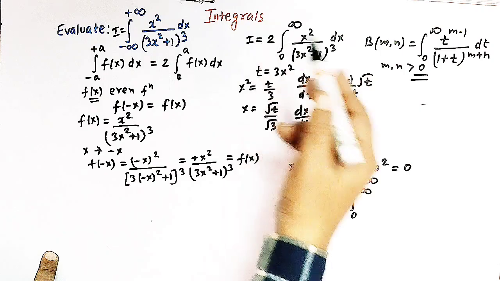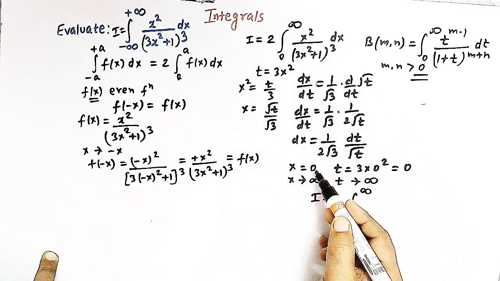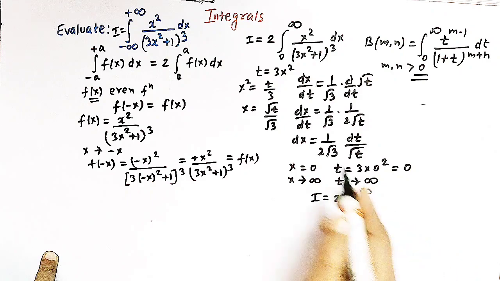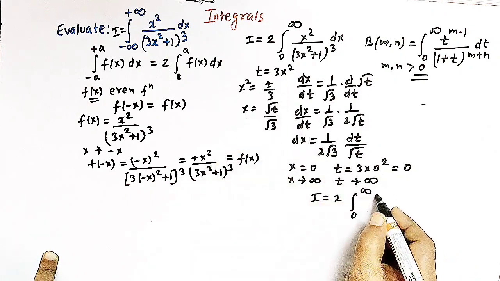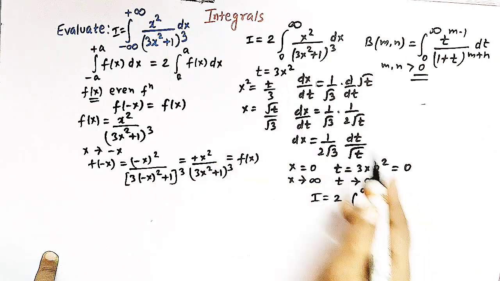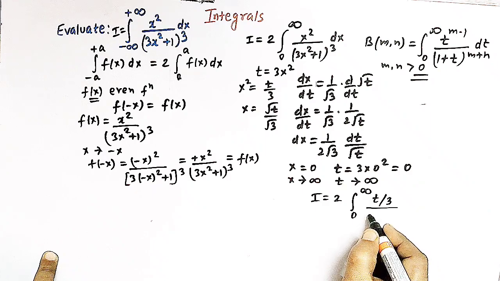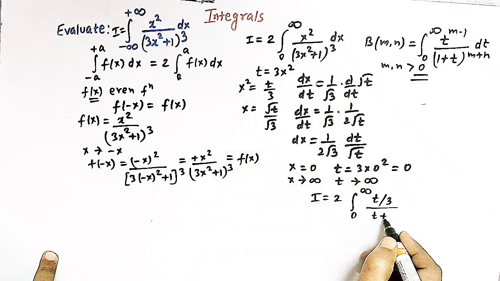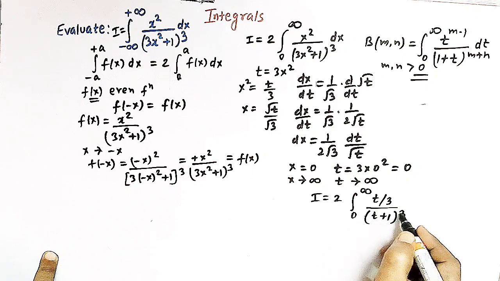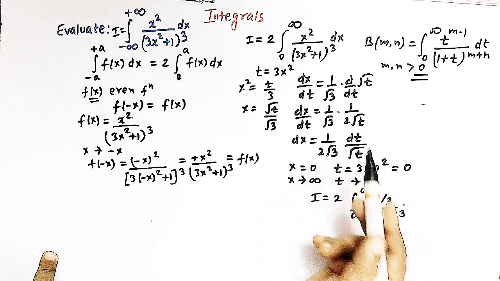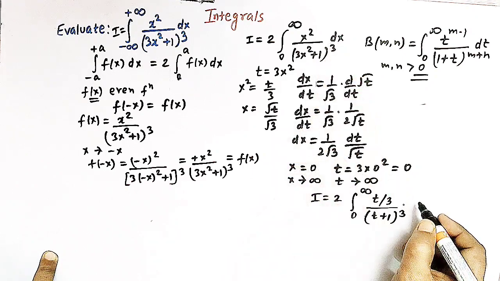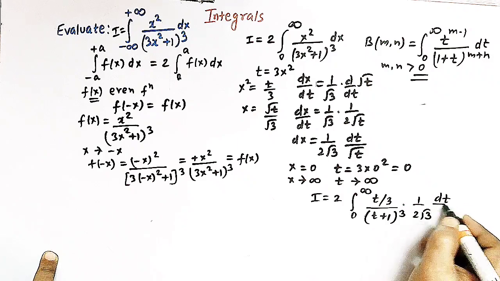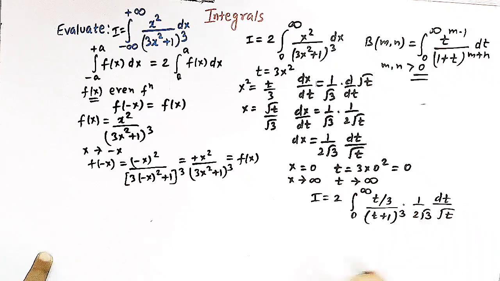The limits remain the same, that is 0 to infinity. For x square, we can write t over 3, and here we have 3x square equal to t, so we have t plus 1 cube, and dx is replaced by 1 over 2 root 3, and dt over square root of t.